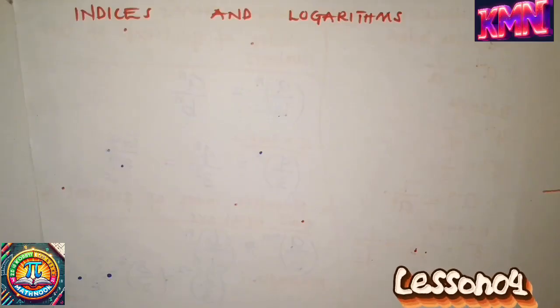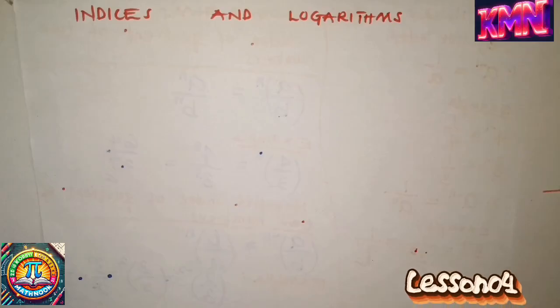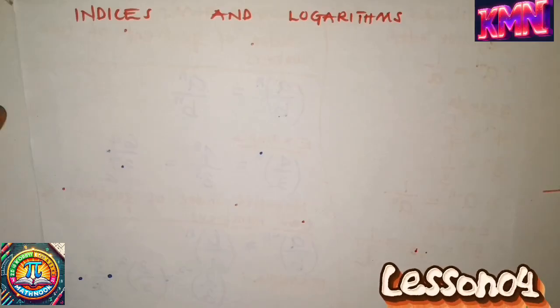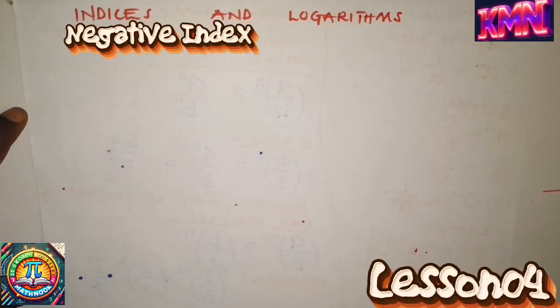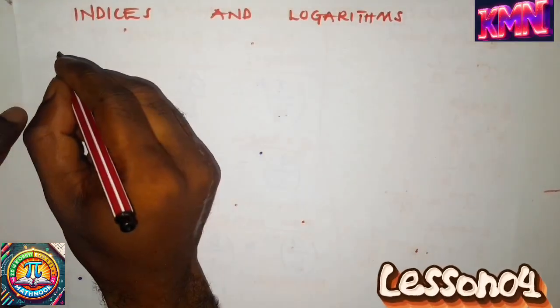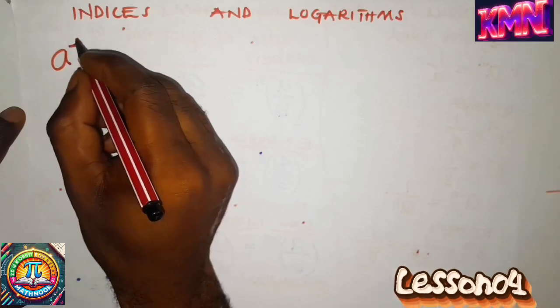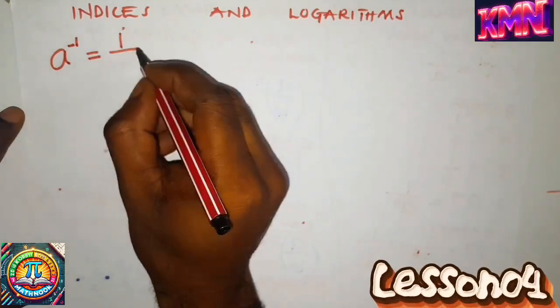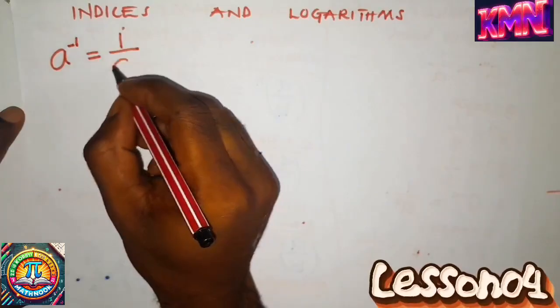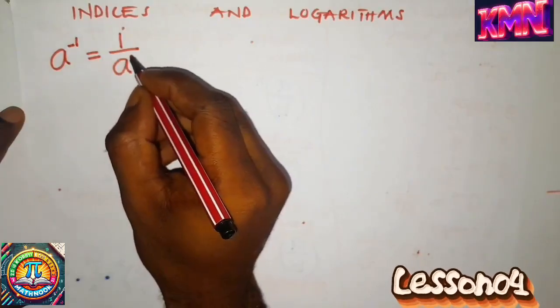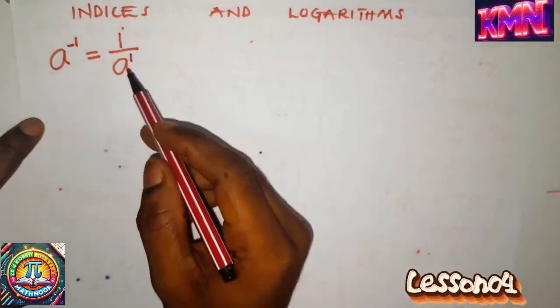Today we are going to look at these properties, and we are going to start with negative index, which says that if we have a number, say a, to the exponent -1, it is the reciprocal of a, which will give us 1 out of a power 1.